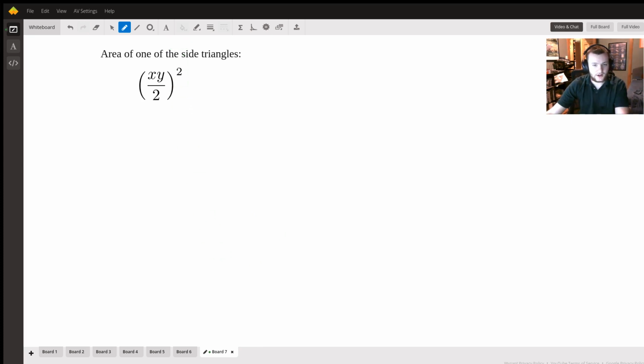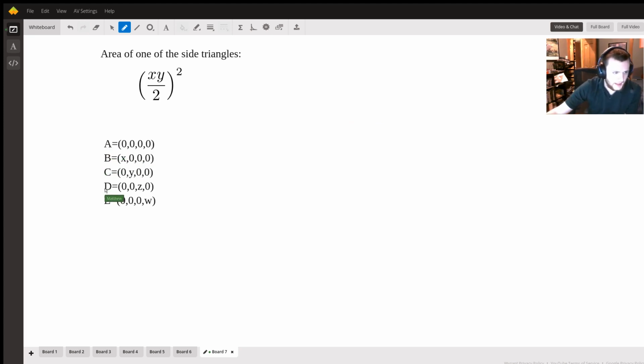We can extend to 4 dimensions, and if we look at the volume of the A, B, C, D side, which I should write out quickly, what each of these are: X, Y, Z, W. So we have these points, and the ABCD volume is the volume made by these 4 points connected to each other.